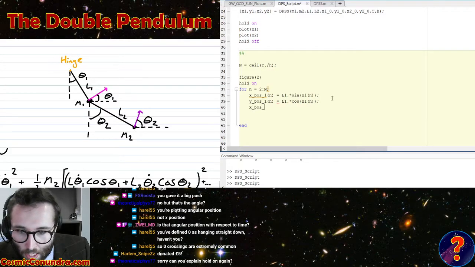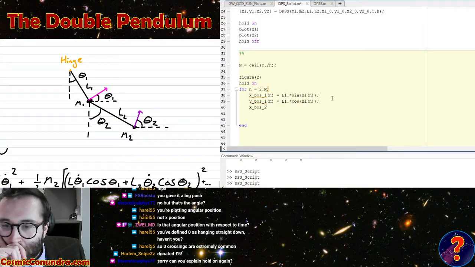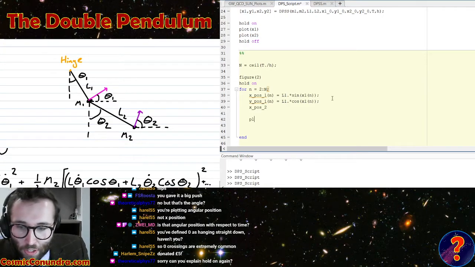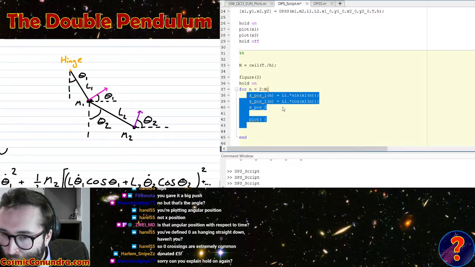Then we've got the x position of... Oh, hold on again. So what I'll do in a minute is I will have some function in here that will be like plot blah blah blah. And if I didn't put the hold on, what it would do is it would plot, and then as soon as it goes back to n1, it would overwrite the plot it had before.